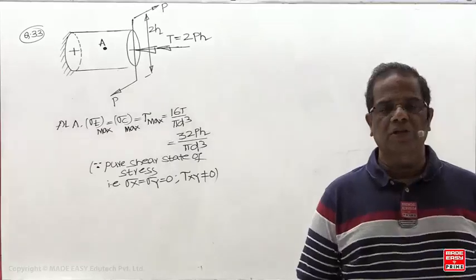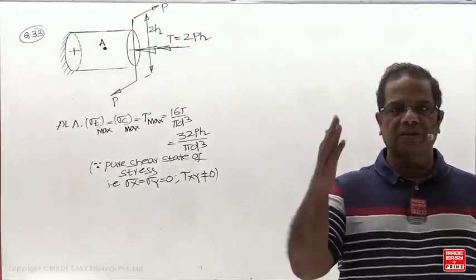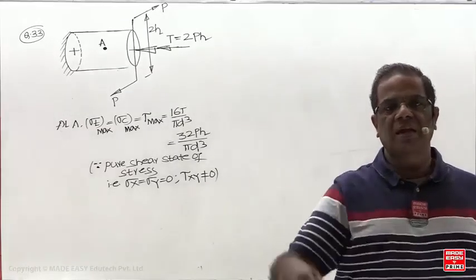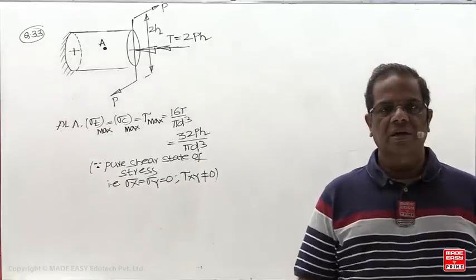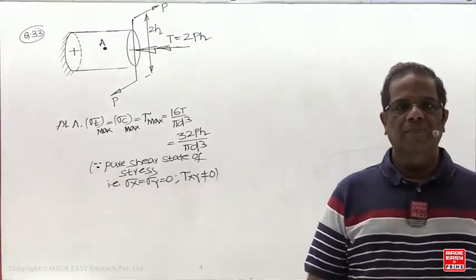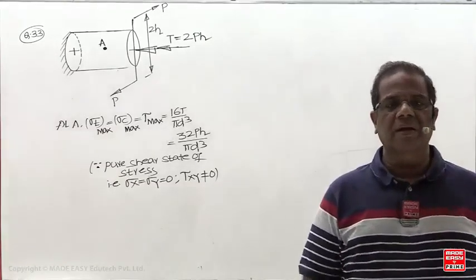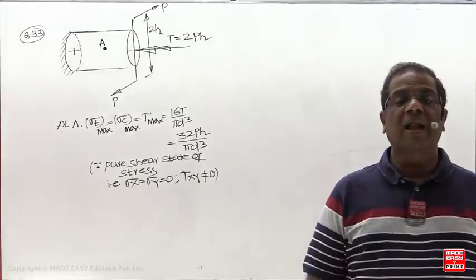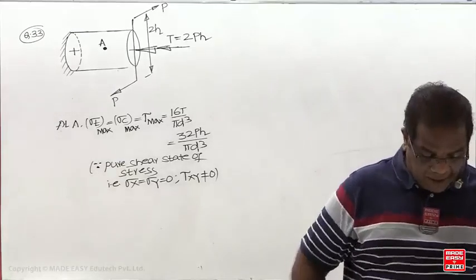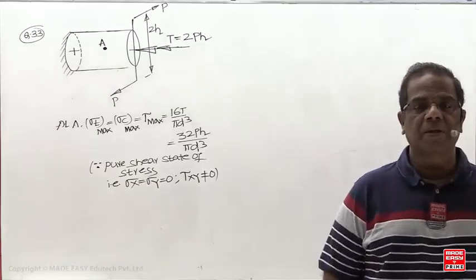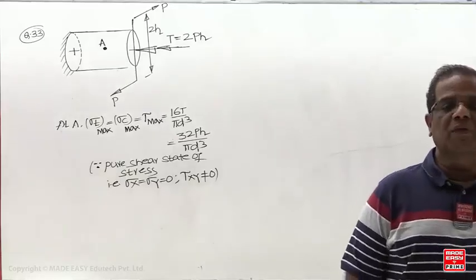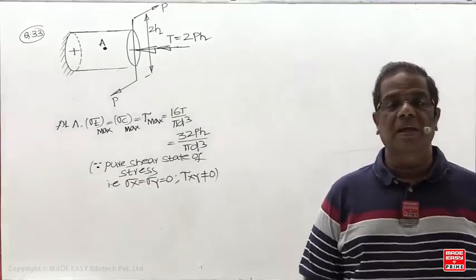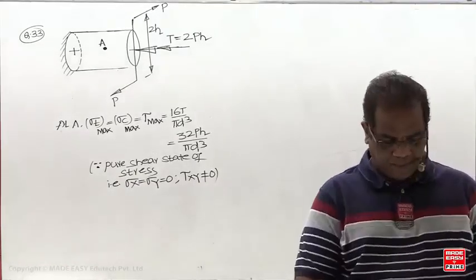It is not a pure torsion. So take the 3 sections. Then find out the maximum twisting moment. Maximum twisting moment is the larger of the twisting moments in AB, BC and CD, and that divided by what now? 16 T max upon pi d cube.